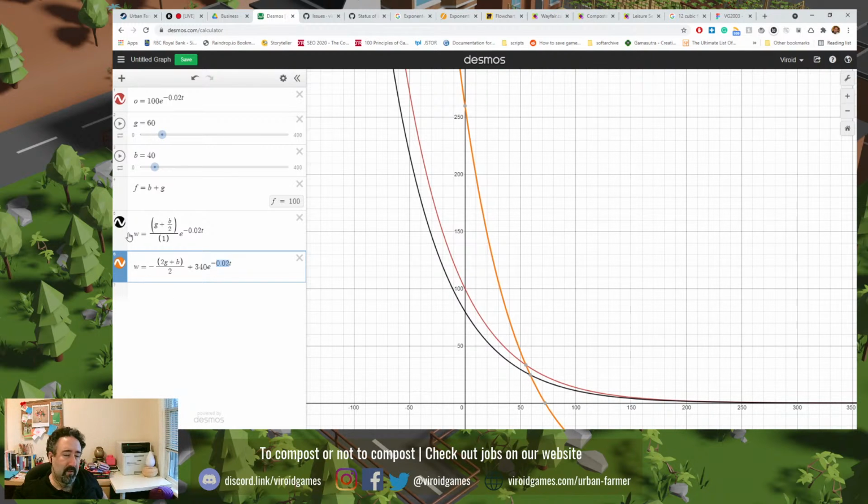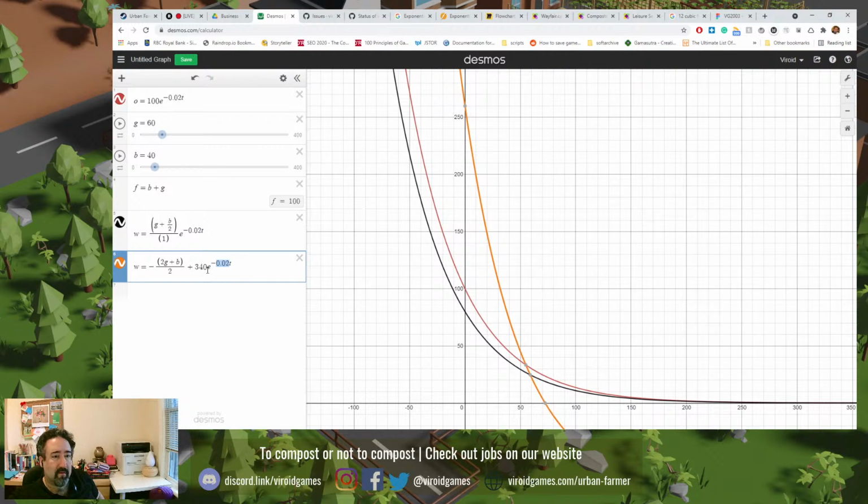Honestly, between these two equations, the orange one makes much more sense because it has a realistic start point, the 340 liters capacity of the compost unit. Now, it's stupid that you are going to fill it all up with water.